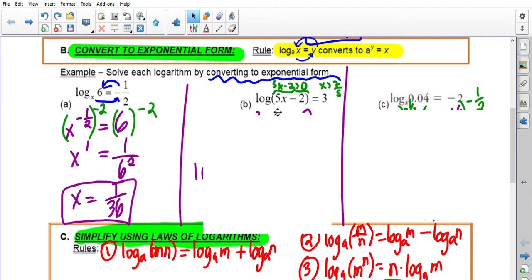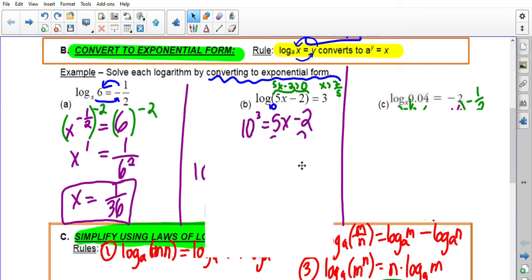All right, let's convert to exponential form. Notice that there's no base number here, so that means the imaginary base is 10. So we're going to write this as 10 to the 3 equals 5x minus 2.